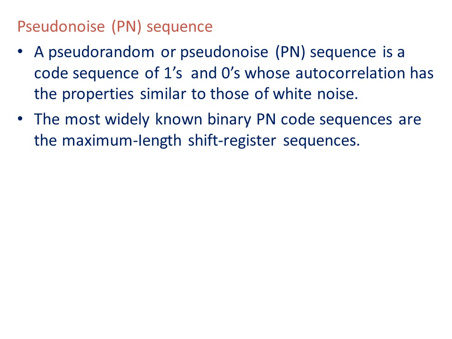If anyone knows the generation pattern of a PN sequence, it is nothing but a pattern of zeros and ones which repeats after a long duration. If not, it appears as a random or noise kind of signal. The most widely known binary PN code sequences are the maximum length shift register sequences, which we will be studying later.